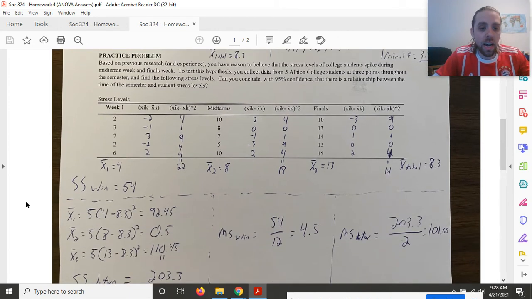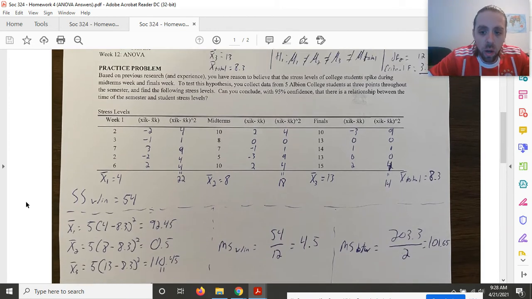The first thing that I wanted to do here was to calculate my sum of squares within the group. I do that by subtracting the group mean from each observation, squaring it, and then summing it. I do that for all 3 groups and get the total summation.